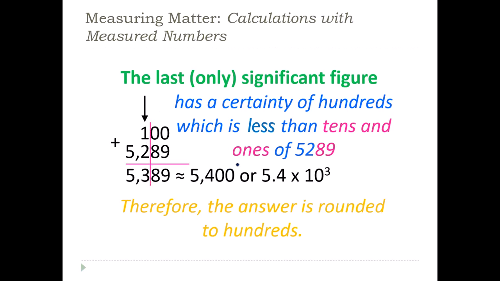So we would round our answer to 5,400, or express it in scientific notation, 5.4 times 10 to the third. This type of example doesn't come up too often, but I thought it was interesting enough to point out. We look at the last significant digit in the value and match our answer to have that amount of significant digits.